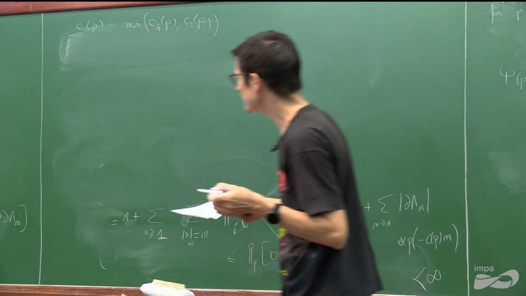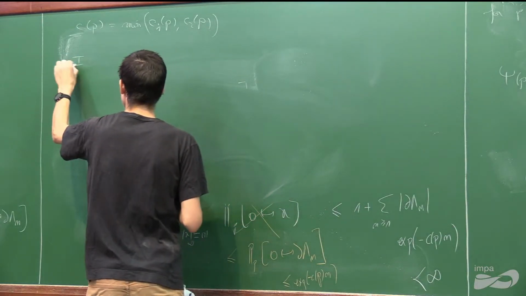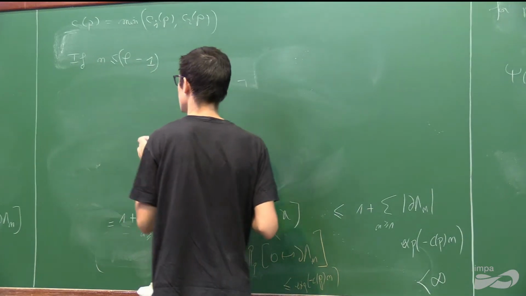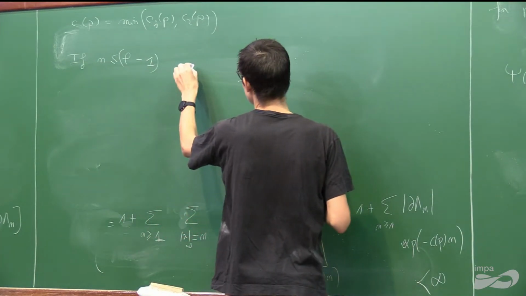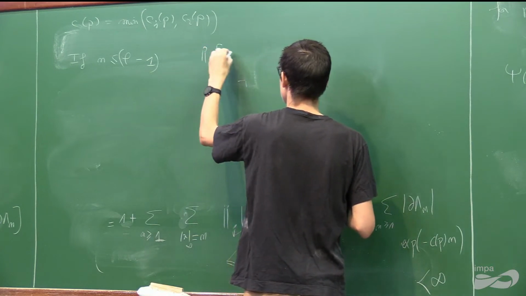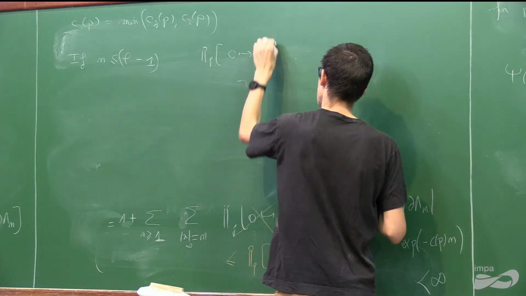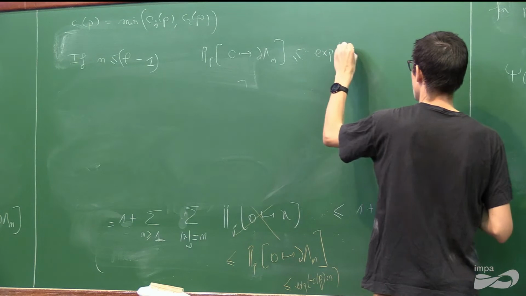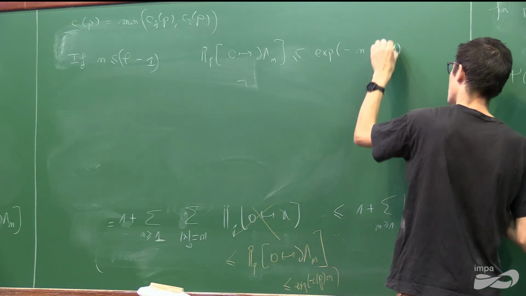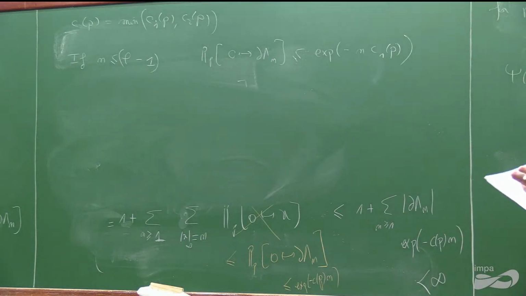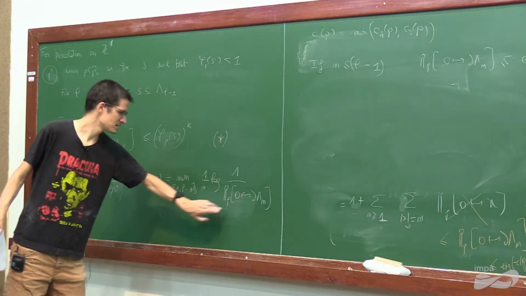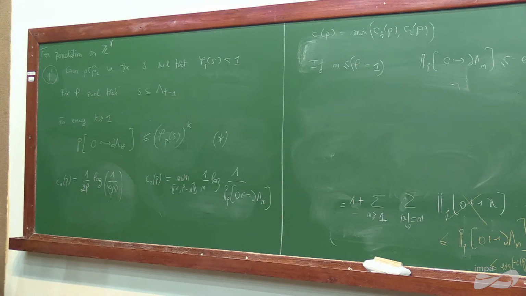Then what you observe is that, by definition, if n is smaller than L, then the probability that 0 is connected to Lambda_n is smaller than exponential of minus n C1 of p. For n equals 0, it's kind of obvious. And for n between 1 and L minus 1, this just comes from this definition.